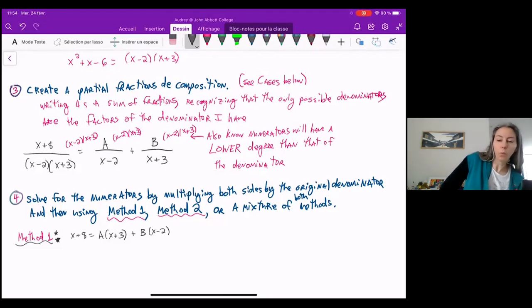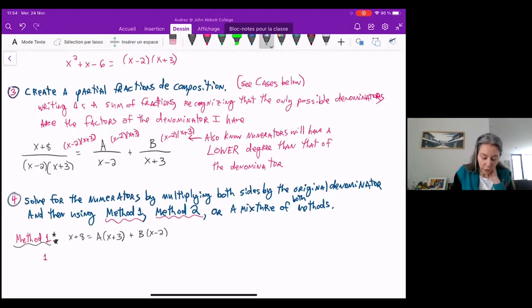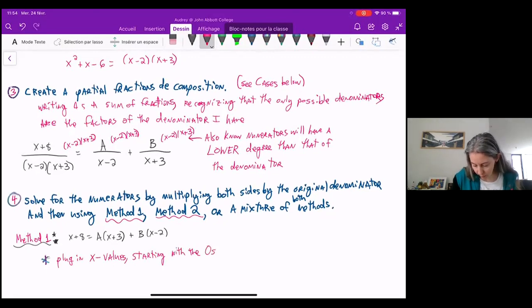So method 1 will then have us have a step 1 of method 1. We're going to plug in x values starting with the zeros of the denominator.